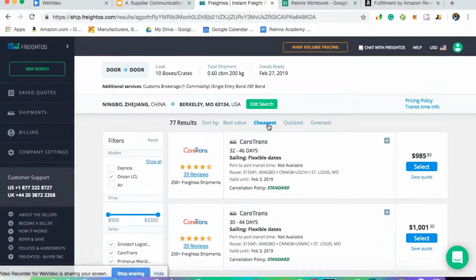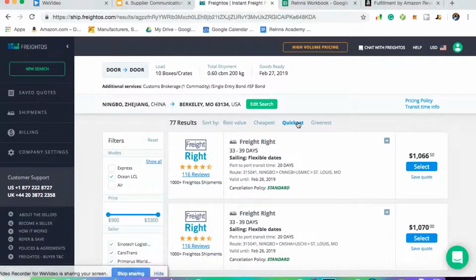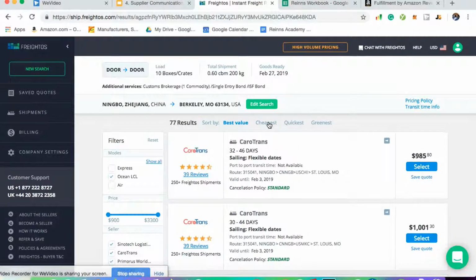Select cheapest and see, we have 985. This is the cheapest. Quickest, there you go. And then we have the greenest. So basically what I normally like to do is select the best value. This is a combination of cheap and also fast. Okay, so it's 1,066, but for the purposes of demonstration, let me use this, which is 985.